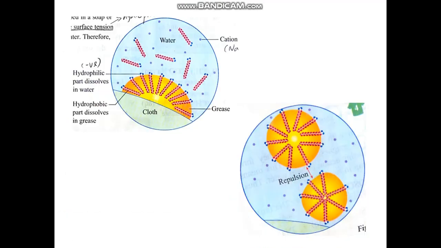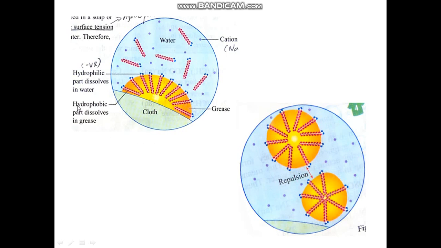The next one, this diagram shows what is the meaning of break into smaller droplets. Firstly, it is quite large in size. After the agitation movement, it will break down into smaller droplets.